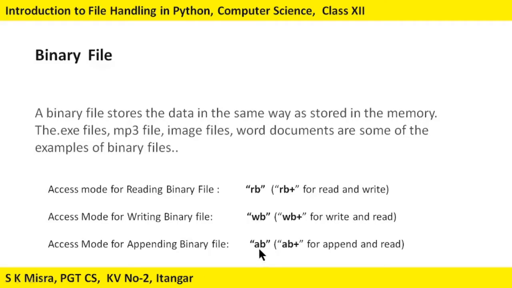The other versions are also available: RB plus means read binary, plus means you are going to perform two operations, both read and write. WB plus for write and read, AB plus for append and read. This part is similar to text files; this additional character B is there to specify we are going to handle a binary file.